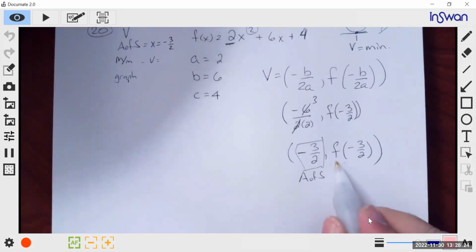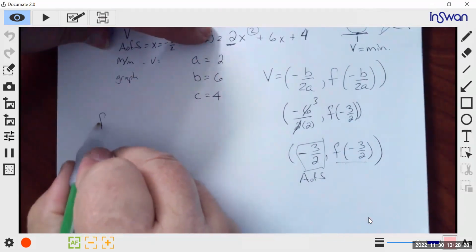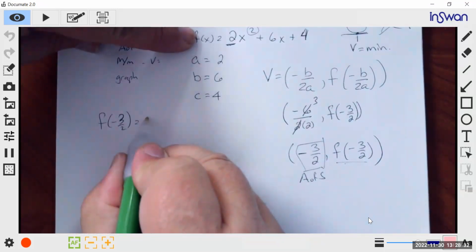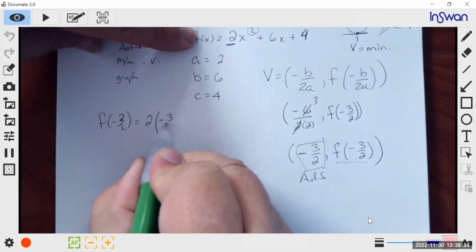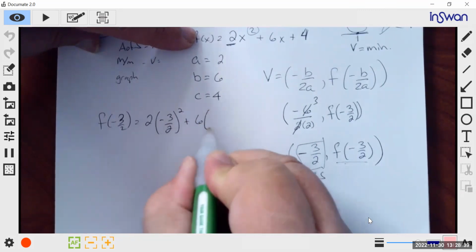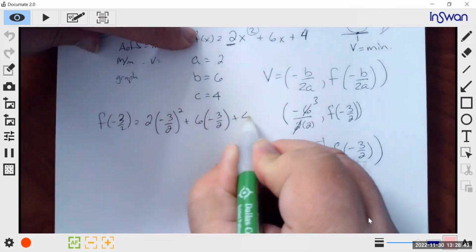All right, so now we have to figure out what the function is when x is negative 3/2. So we have 2 times negative 3 over 2 squared plus 6 times negative 3 over 2 plus 4.